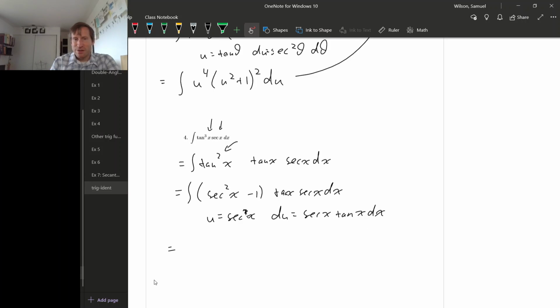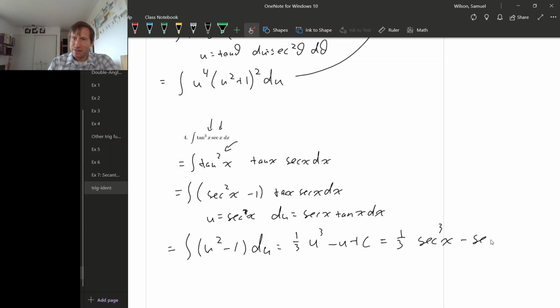So doing our U substitution, we get the integral of U squared minus 1 times du. So we get 1/3 U cubed minus U plus a constant, and then undo the substitution, 1/3 secant cubed x minus secant x plus a constant. All right, that wasn't that bad.